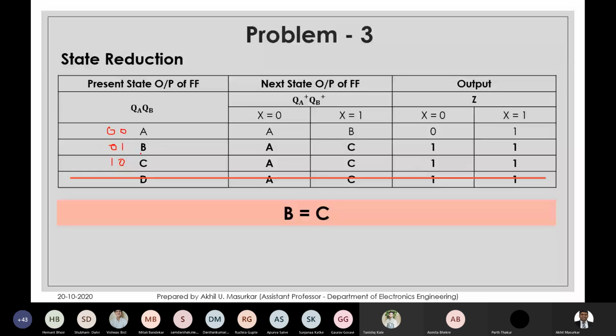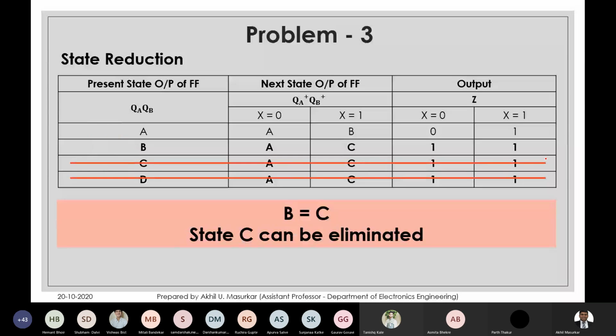So out of B and C, who is having the highest bit value, which is 0, 1 and 2? So we'll eliminate the C state. That is right. State C can be eliminated. And now every C can be replaced by B. So I wrote C equal to B, and then I just replaced it.